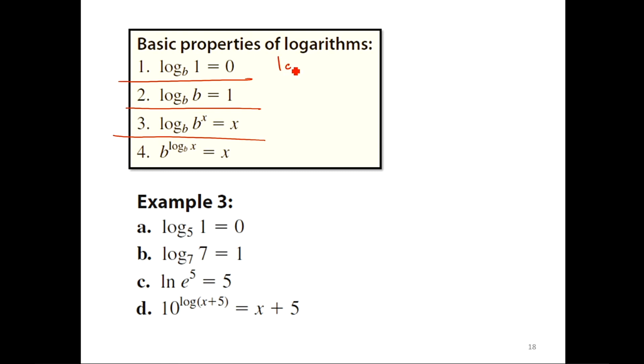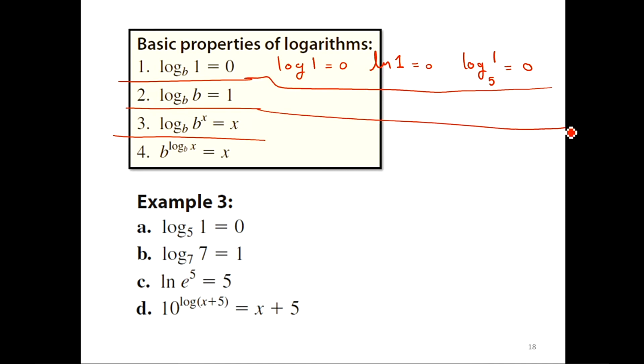So log 1 equals 0, ln 1 equals 0. Logarithm 1 to base, for example, 5 equals 0. So logarithm 1 to any base, base 10, base e, any base, equals 0.